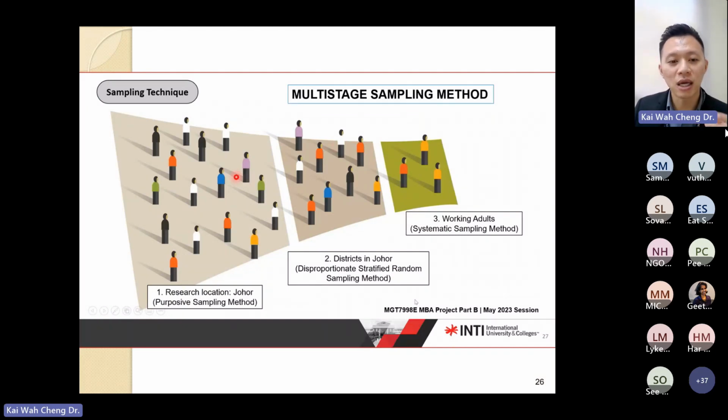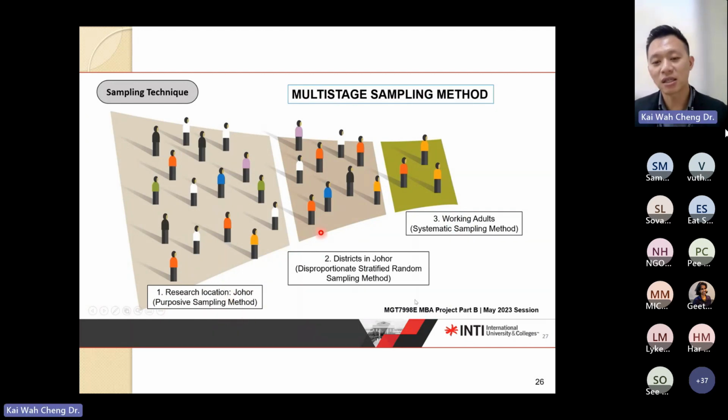For example, my student includes 3 stages under the multi-stage sampling method. Stage number 1, my student chooses purposive sampling method because she conducts the research at Johor. Johor is a state in Malaysia. Maybe she purposely selects this location because of certain reasons. So we call it purposive sampling method.